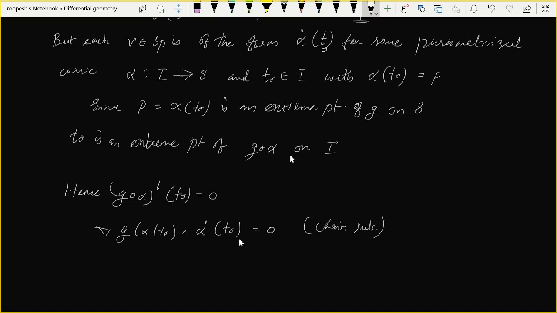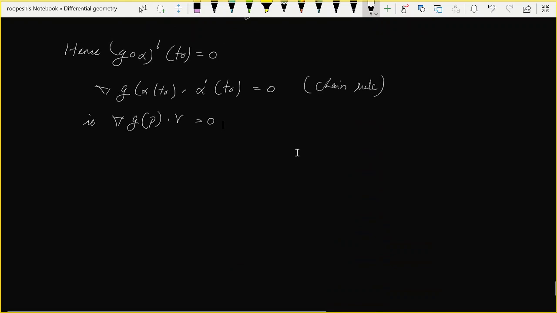But alpha dot of t naught is nothing but v, since v is of the form alpha dot of t naught. So we can write del g of p dot v is equal to 0 for all v belongs to S_P.